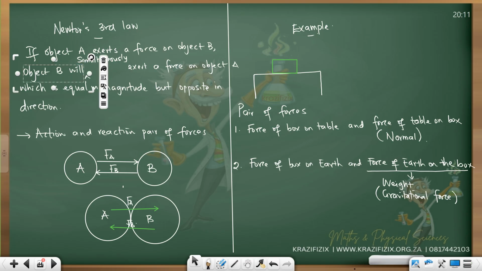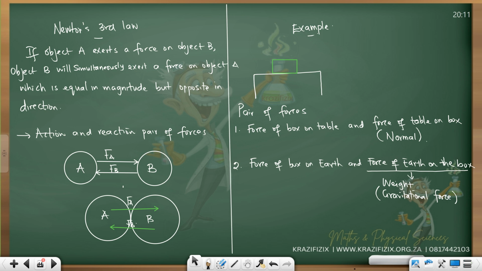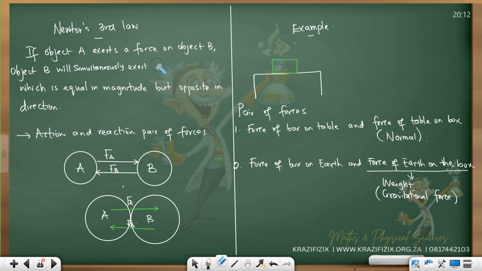That word is very, very important. It means the forces are acting at the same time. Once you put it, we are done. On object A. I just want to make this smaller. A force on object A. And we are done.